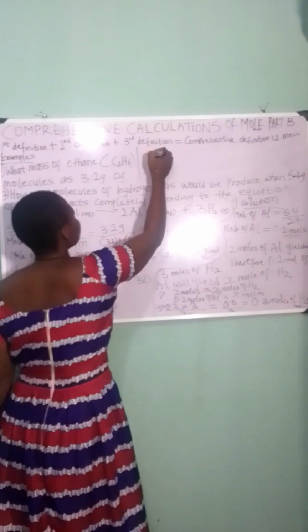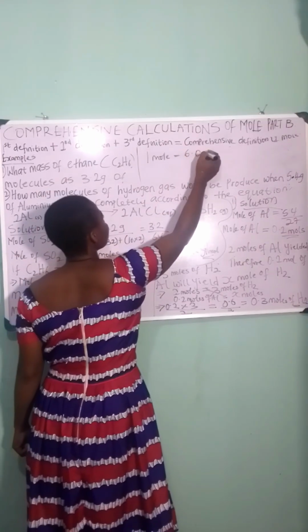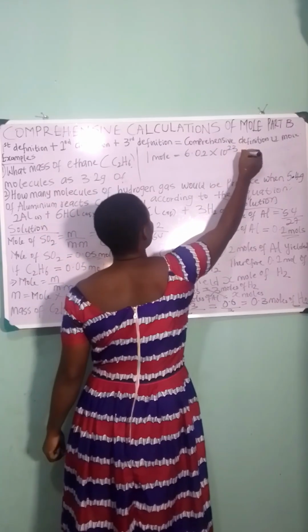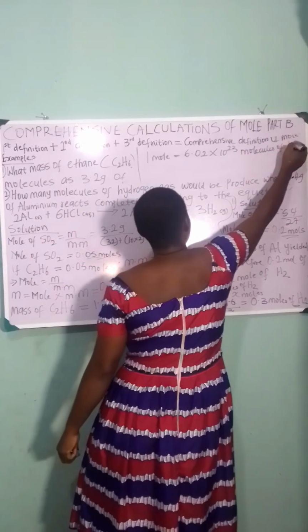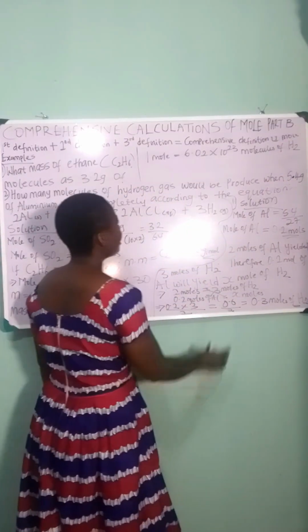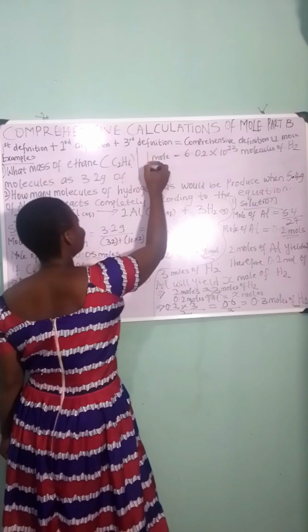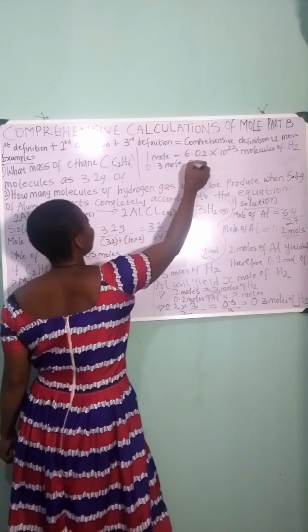So, 1 mole is equal to 6.02 exponent 23 molecules of hydrogen gas. Now, if 1 mole is this, what of 0.3 mole? That is the relationship. 0.3 mole will be equal to X.